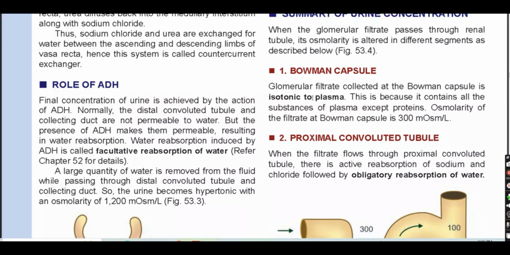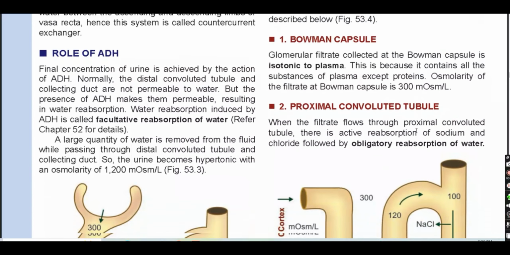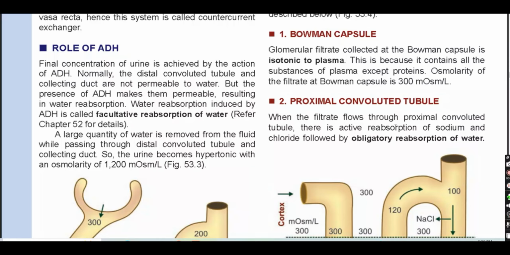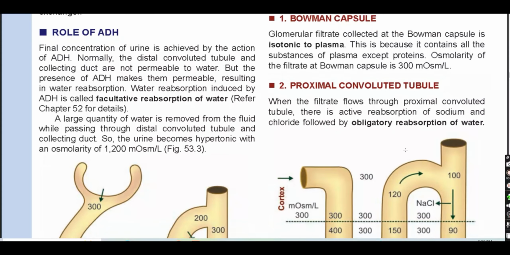In the Bowman capsule, the glomerular filtrate is collected, and it is isotonic to the plasma, with an osmolarity of 300 milliosmol per liter. When it reaches the proximal convoluted tubule, there is active reabsorption of sodium and chloride, followed by obligatory reabsorption of water.